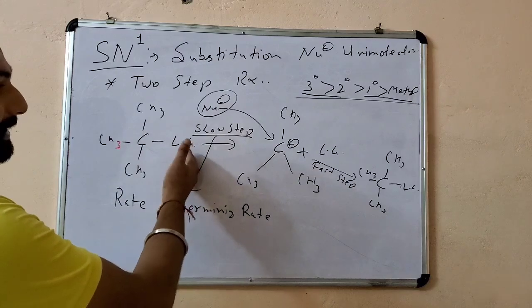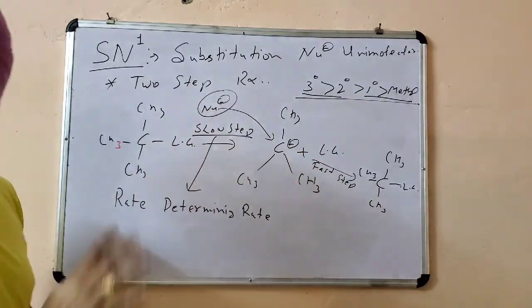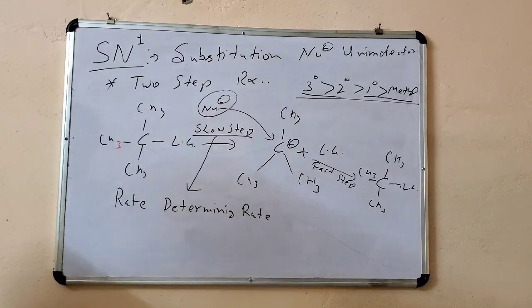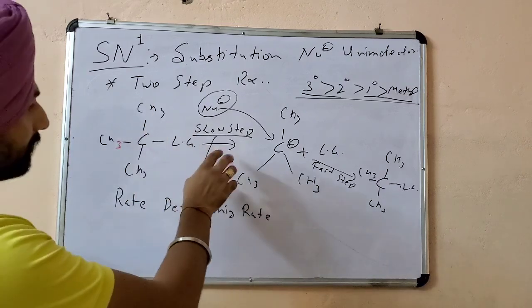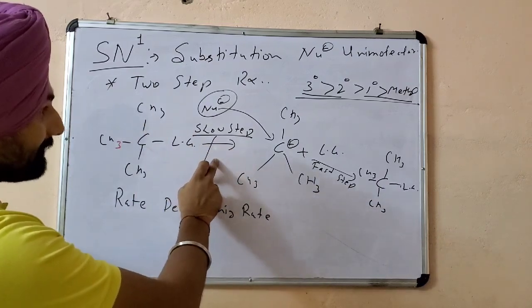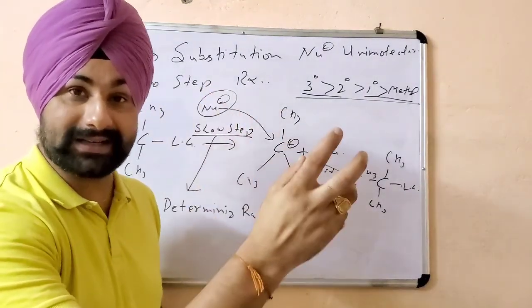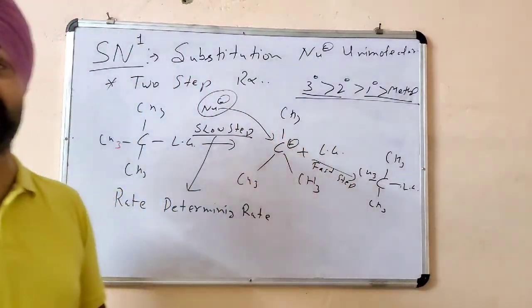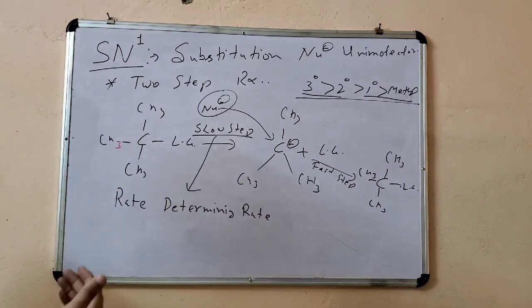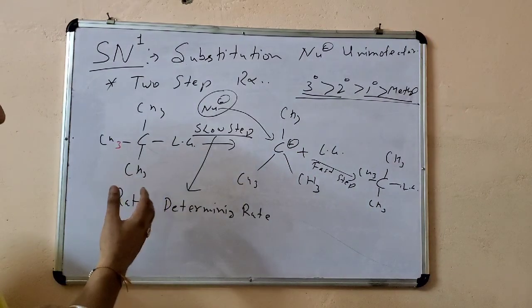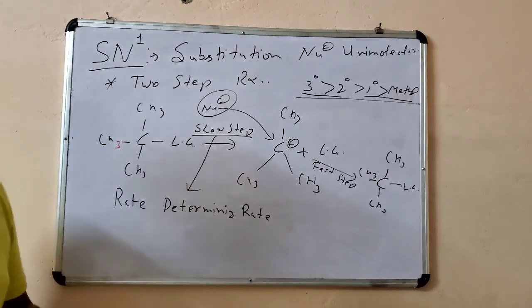Whichever leaving group will be there, that will help in the solvation. The two most commonly used solvents which can act as nucleophiles are water and alcohol. Water and alcohol can act as good nucleophiles. With an example I will tell you, right?